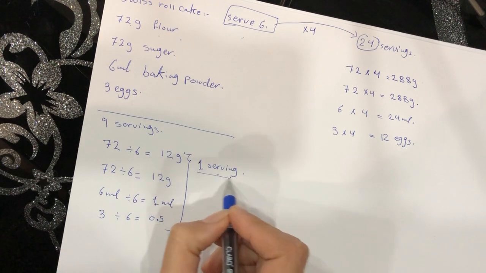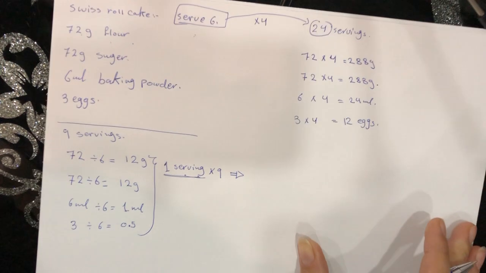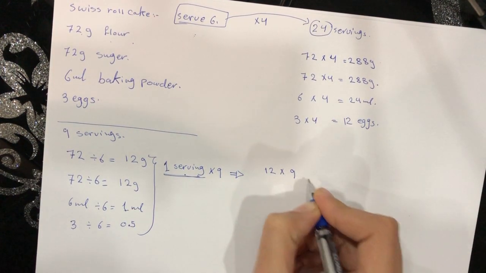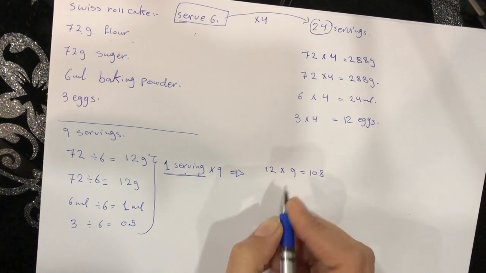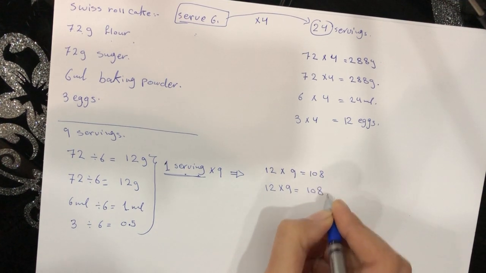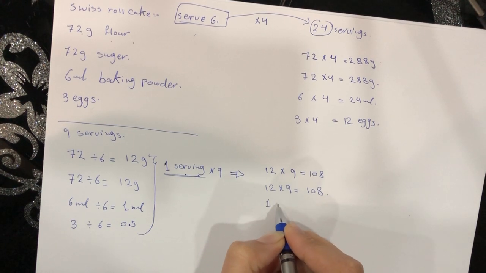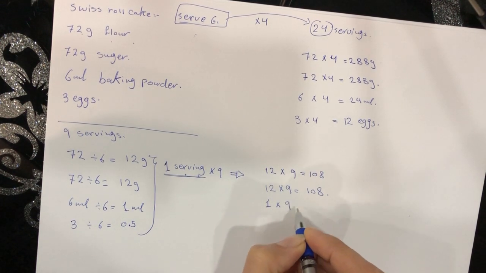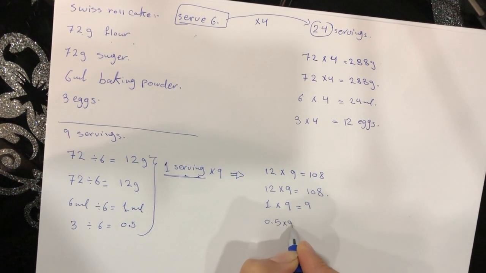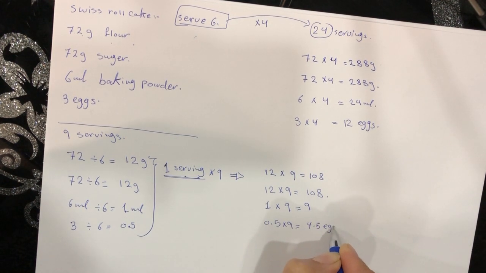If I take the 1 serving ingredients and multiply by 9, I will have 12 grams of flour times 9 will be 108. 12 grams of sugar times 9 will also be 108. 1 milliliter of baking powder times 9 will be 9 milliliters, and half an egg times 9 will be 4 eggs and a half, or 4.5 eggs.